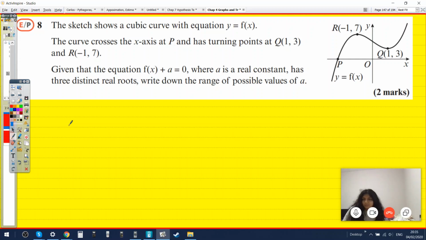So this has one root at p. What would we have to do to make it have 3 roots?